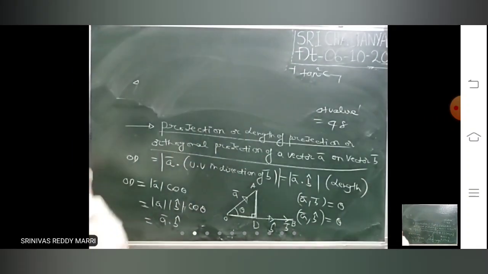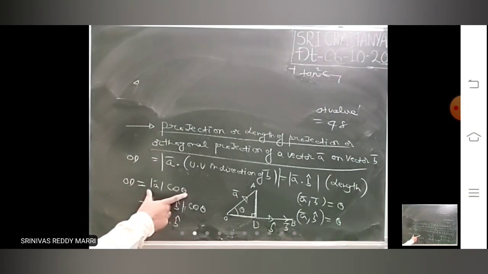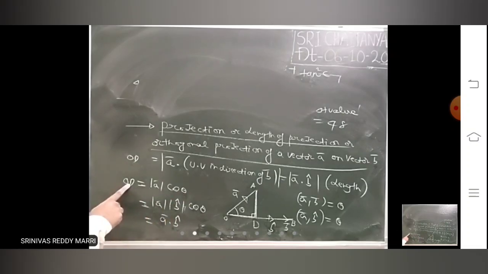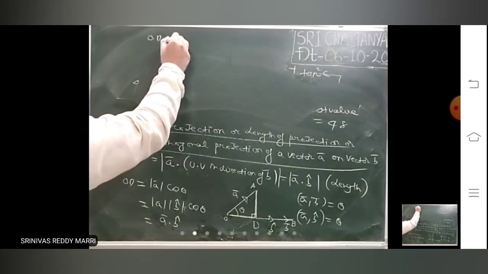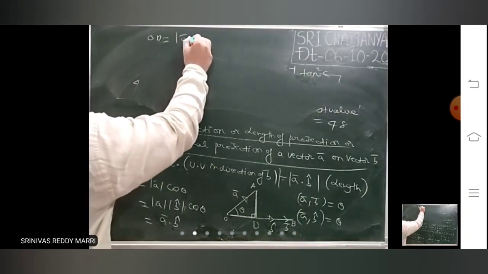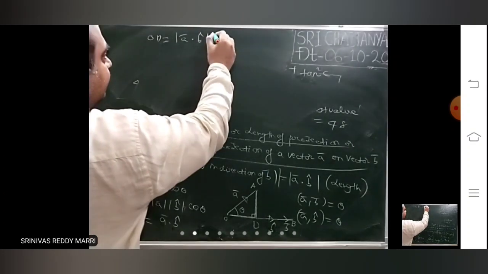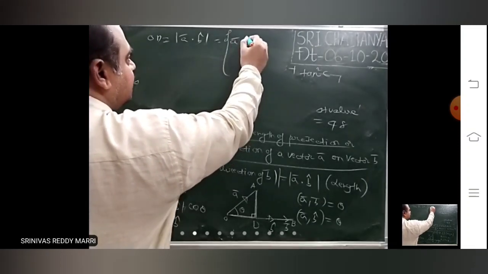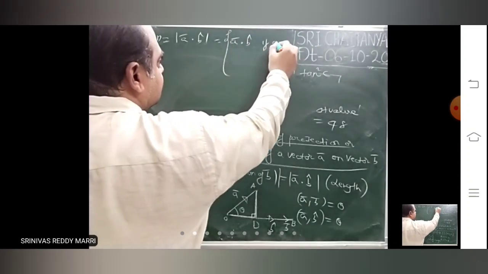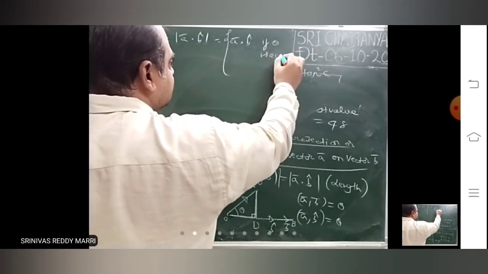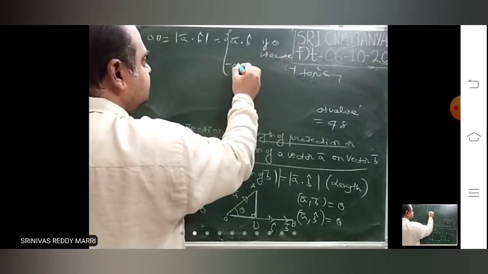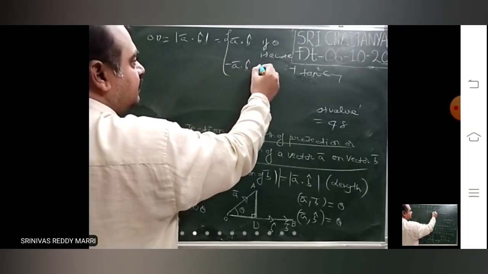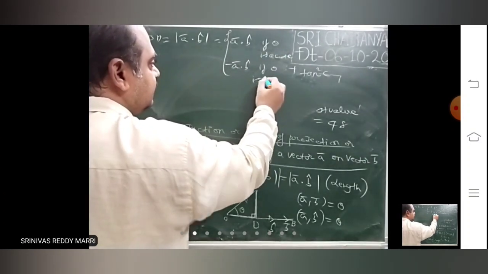Why is modulus written? If theta is acute, this is positive only. If theta is obtuse, then it will become negative. So length cannot be negative, that's why modulus is written. OD is nothing but modulus A bar dot B cap, which equals A bar dot B cap if theta is acute, and equals minus A bar dot B cap if theta is obtuse.